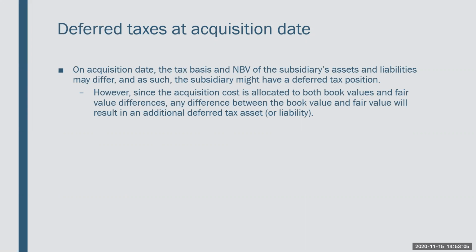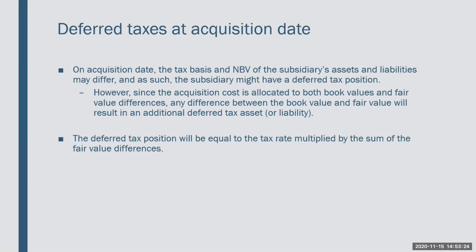However, because the acquisition cost is allocated to both book values and to fair value differences, if there's any difference between the book value and the fair value, that difference will result in an additional deferred tax asset or liability. The deferred tax position will be equal to the tax rate times the sum of the fair value differences.